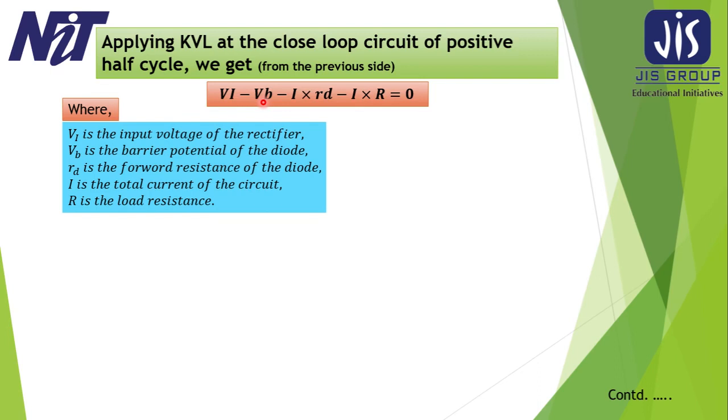This VB is constant. And what is RD? This is the forward resistance of the diode. That means this resistance changes dynamically according to Vi. As you increase Vi, your diode resistance will change across a certain load. This R is your load.